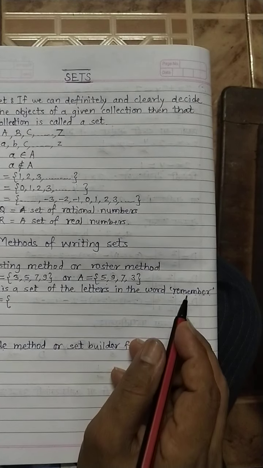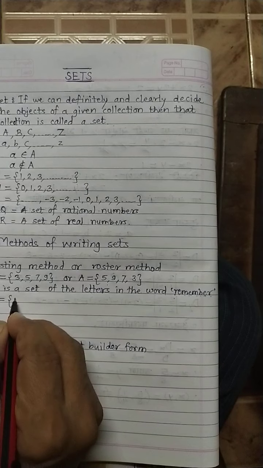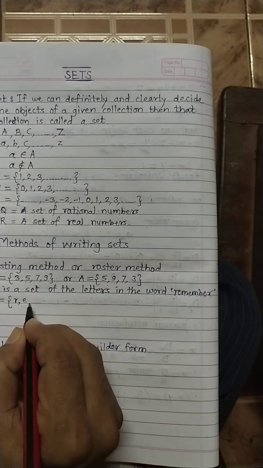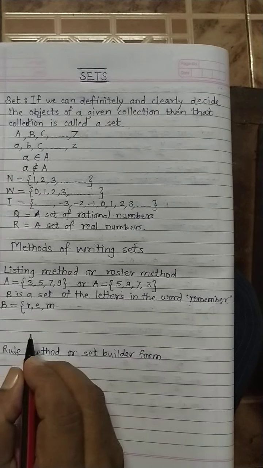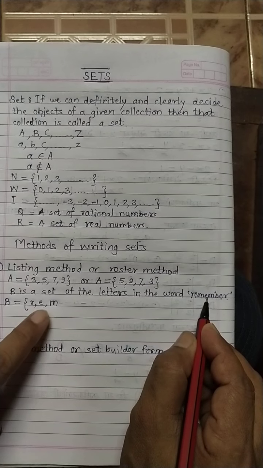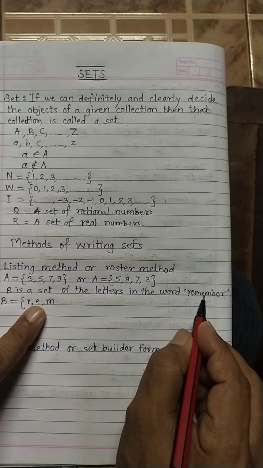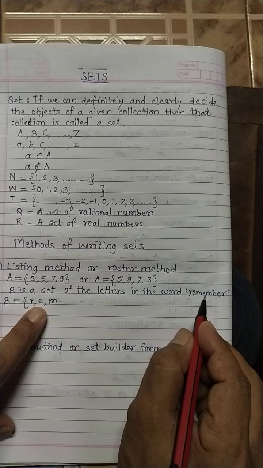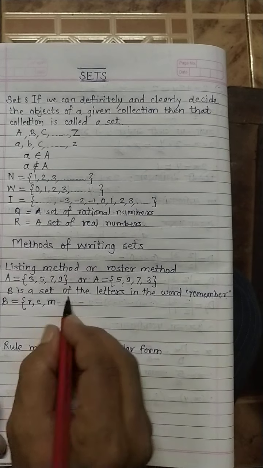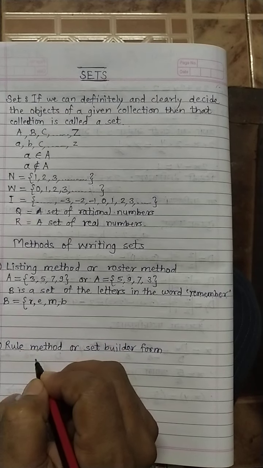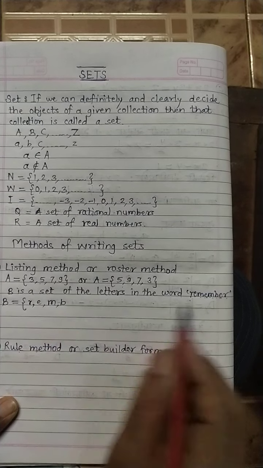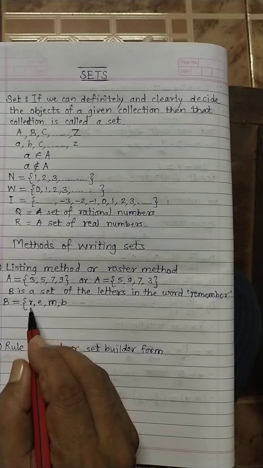So here first R, then E, then M, then once again E, but E is repeated, so write only once. Then M also repeated once again. Then B, then E repeated, and also R is repeated.